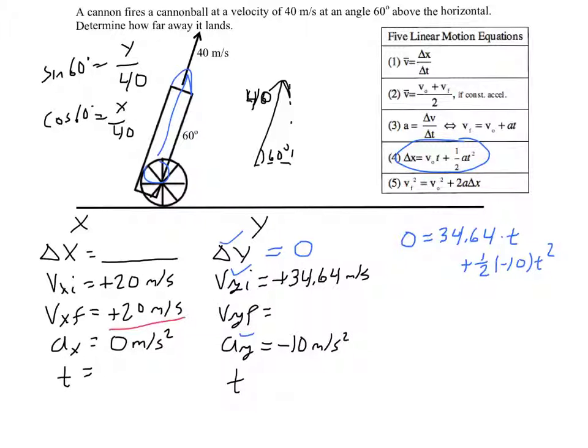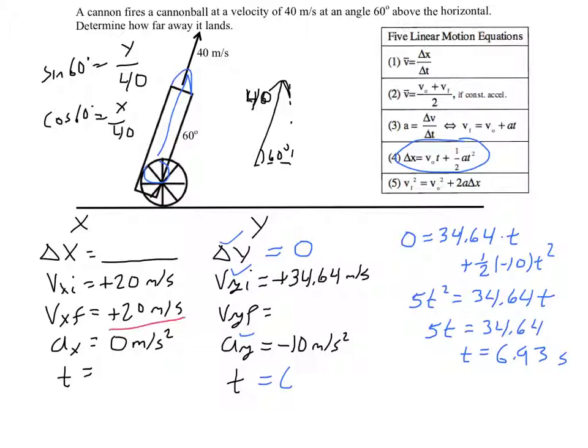And if I do the algebra on this, a little bit of manipulation, I get 5t squared equals 34.64 t. Divide each side by t, I get 5t equals 34.64. So t, divide each side by 5, and I get it is in the air for 6.93 seconds. So that is my time.